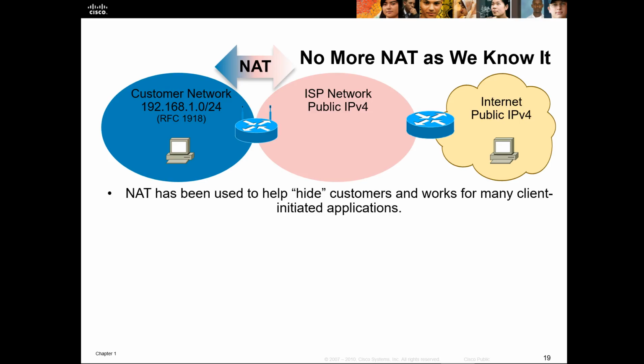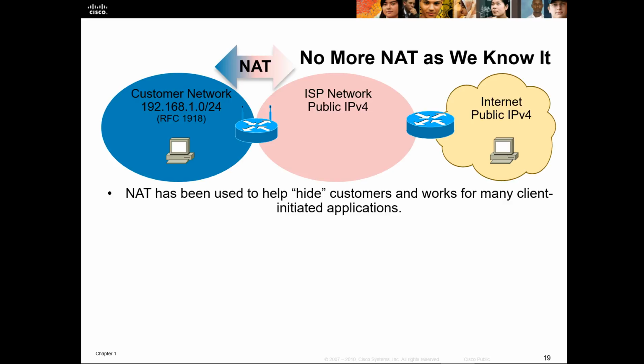So now let's talk about no more NAT as we know it, because with IPv4, we had to heavily NAT private addresses. Private addresses are, again, RFC 1918. Part of that was we'd have to hide a private network behind at least one public IPv4 address, which means they were hiding behind one address. It was hard to actually drill down who was doing what when they were hidden. So NAT has been used to hide customers and work from many of the client-initiating applications.